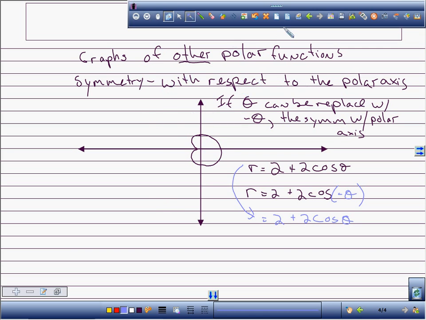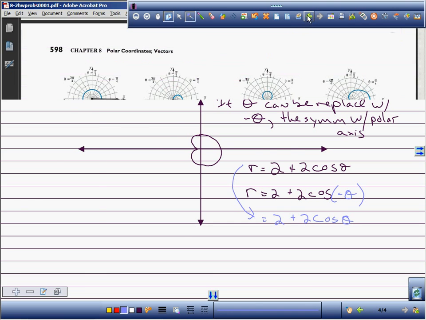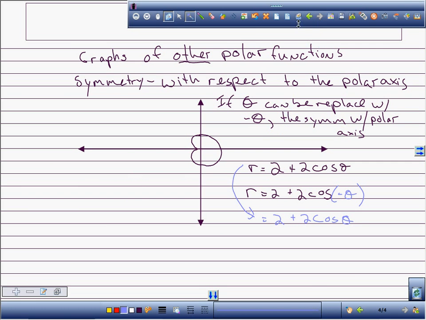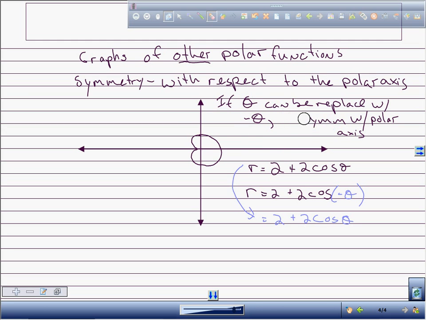So let's talk about symmetry with respect to the, let's see, can I just go back a whole bunch of times? Oh, that's wrong. Can I erase all this stuff? I'm going to erase all this.